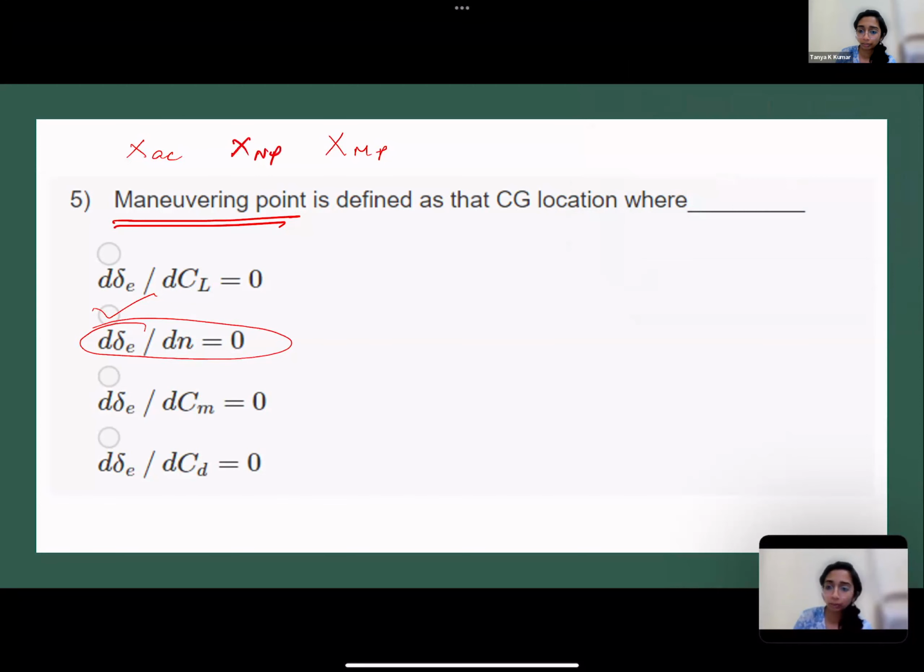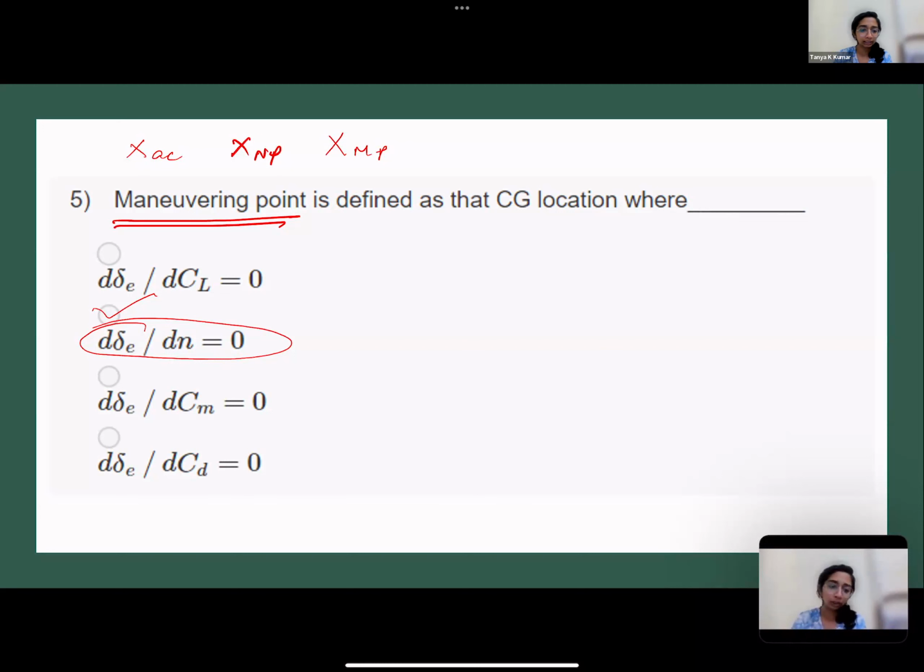Neutral point or aerodynamic center, can you tell me how it is defined? Or tell me something about them.